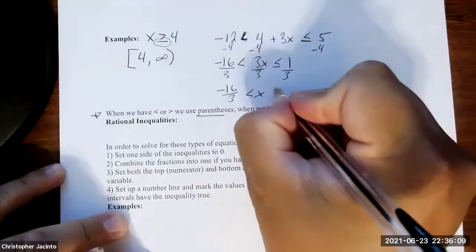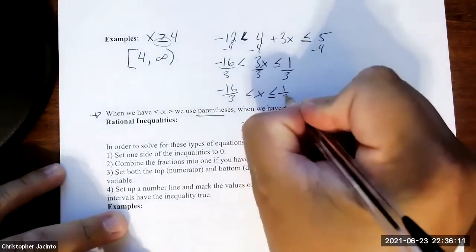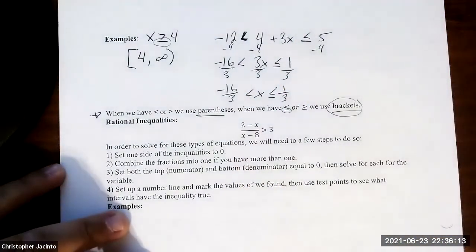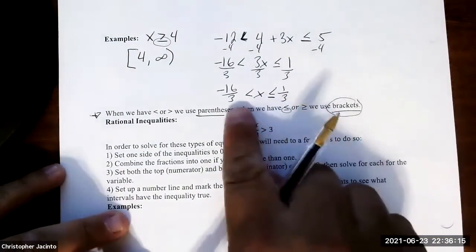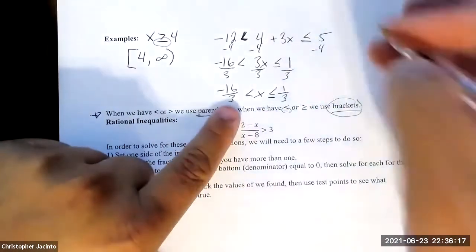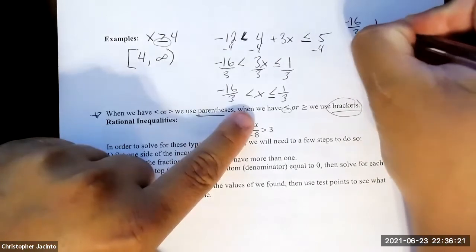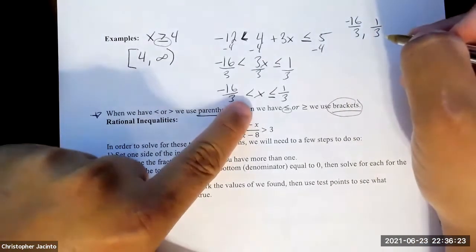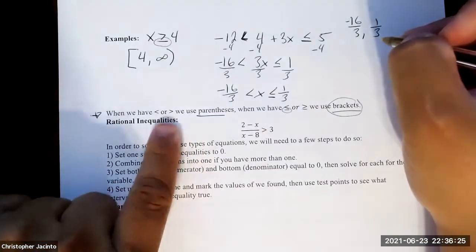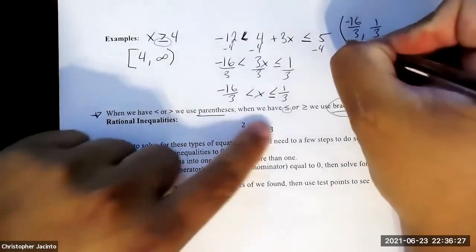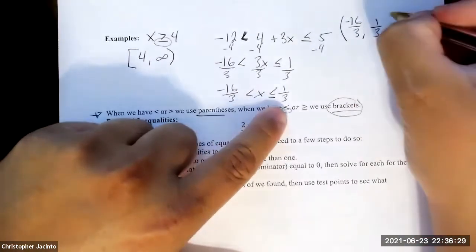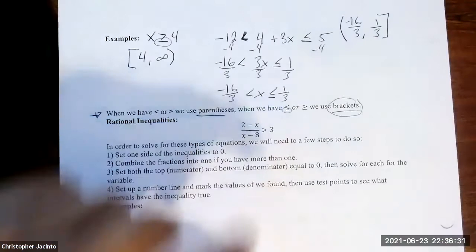So we get our answer like that. Now when we write this in interval notation, this side is going to be negative 16 over 3, comma, 1/3. Since we have a regular one here, it's going to be a parenthesis here, and since we have an equality symbol, this is going to be a bracket there.